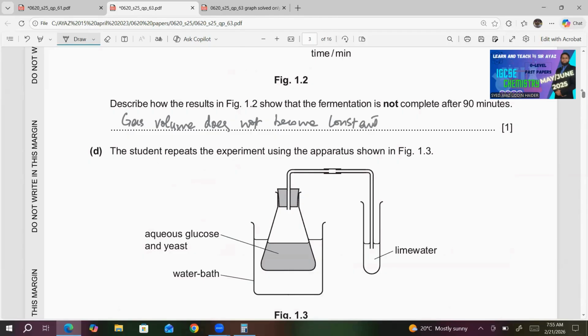You can even write or horizontal. Or you can even write or gas volume is still increasing.